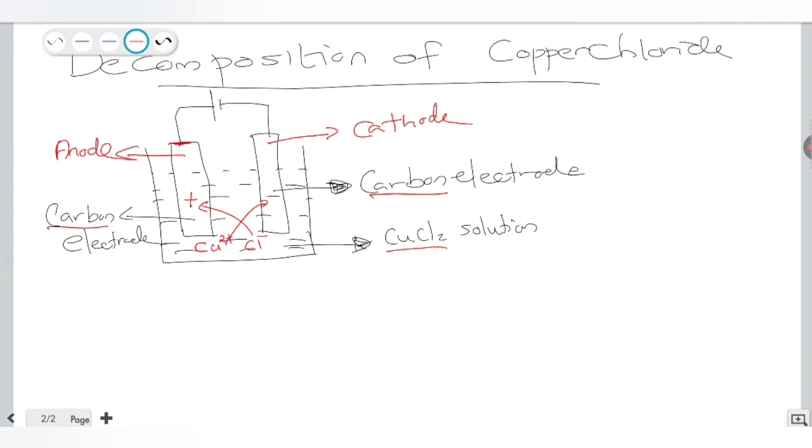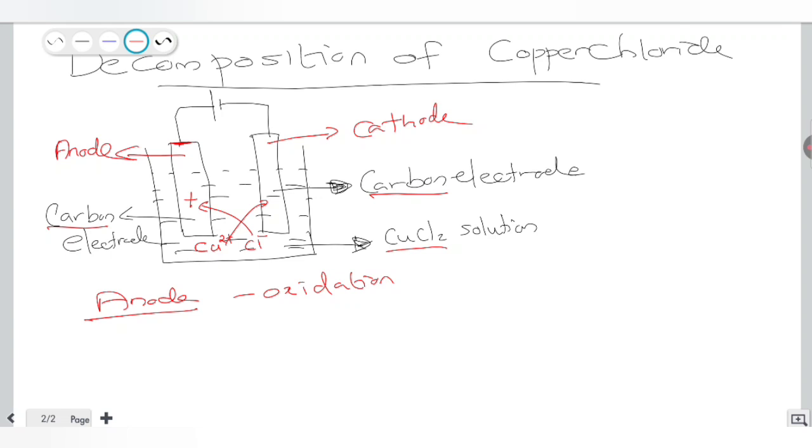So at the anode, chlorine will undergo oxidation. You can use your table 4b to write the oxidation reaction, just for writing the reaction, not to find out anything else.